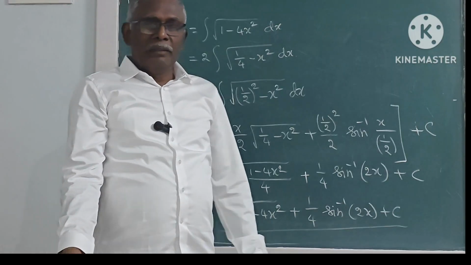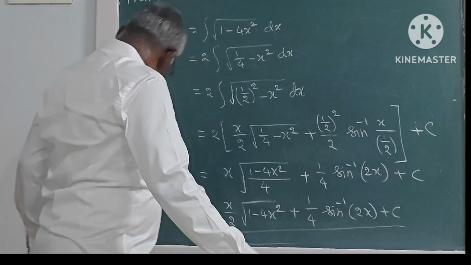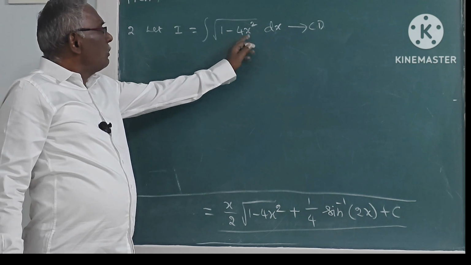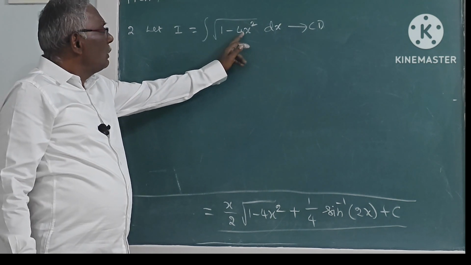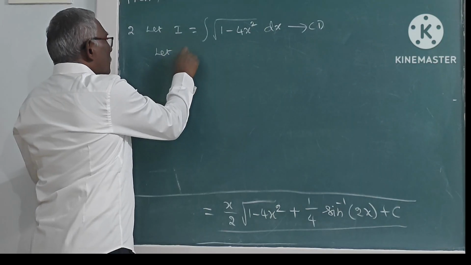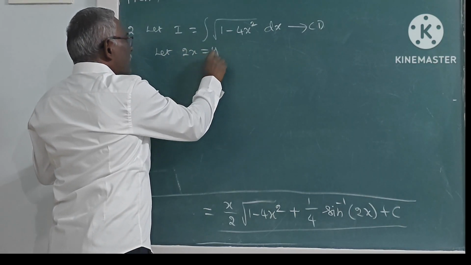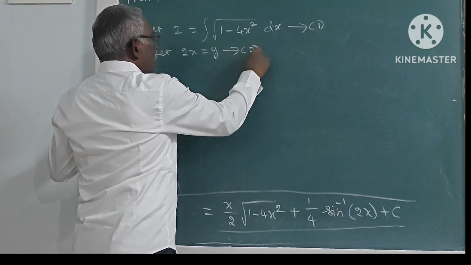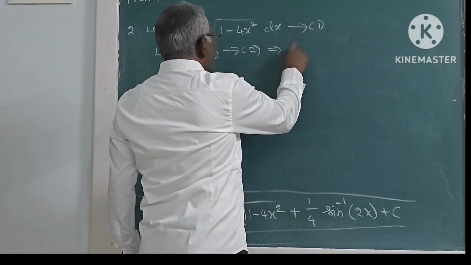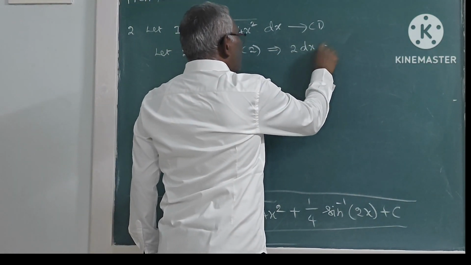So this is one method. Let us see the other method. To bring this to the formula form, let 2x be equal to y. If you differentiate with respect to x, we get 2 dx equals dy.